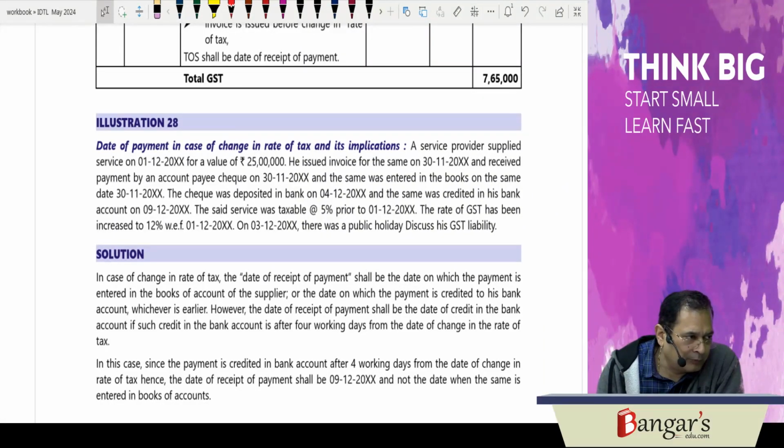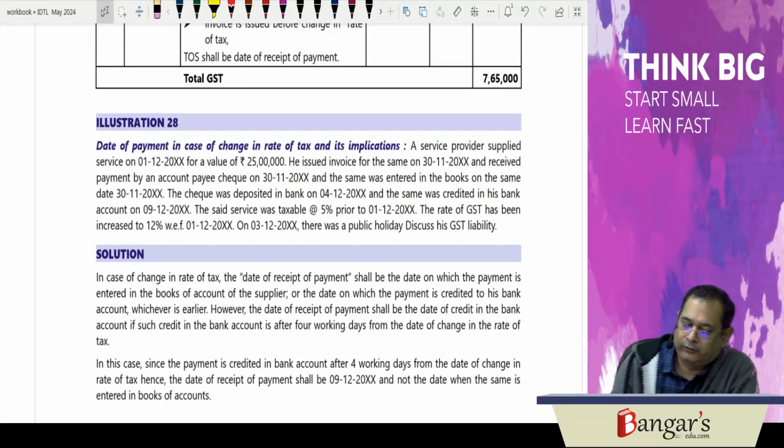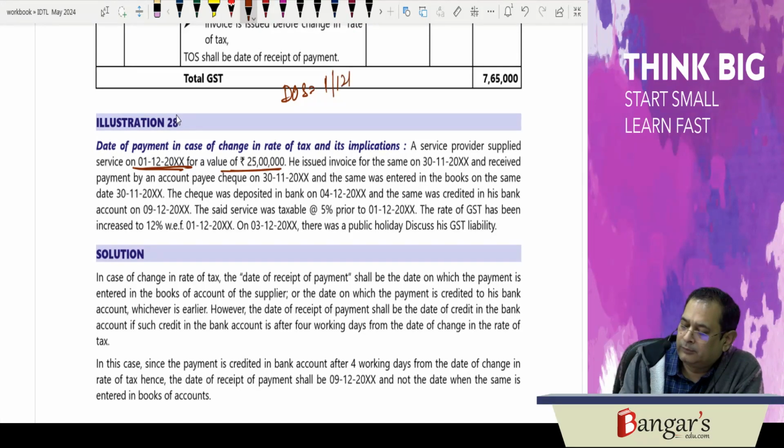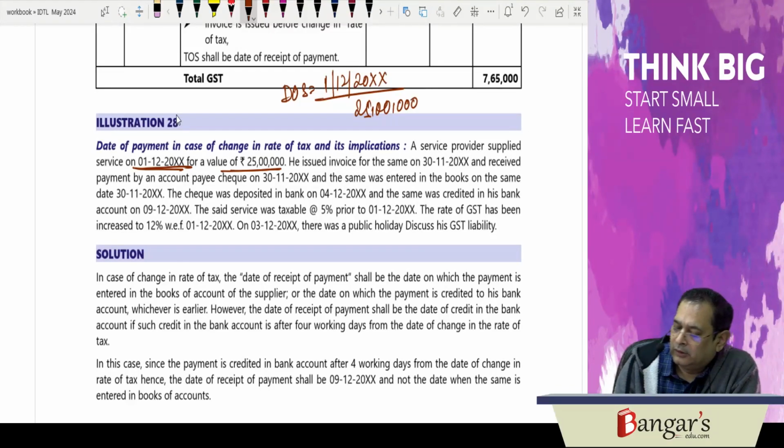A service provider supplied service on 1st of December for value of 25 lakhs. So date of supply is 1st of December. Value is 25 lakhs. He issued invoice on 30th of November.